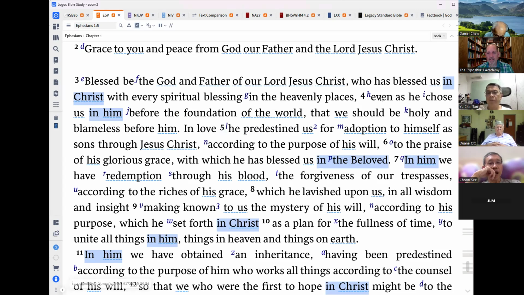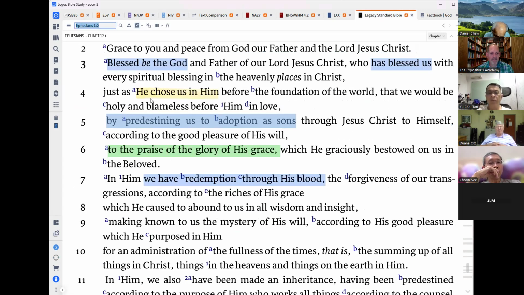He chose us in him. That is an independent phrase, a clause. And then by predestining us. So if I go back to the LSB, that's the idea. He chose us in him is the main statement. When did he choose us in him?